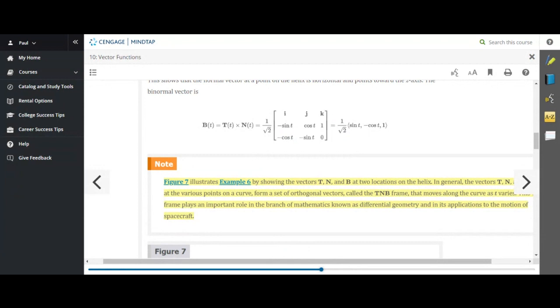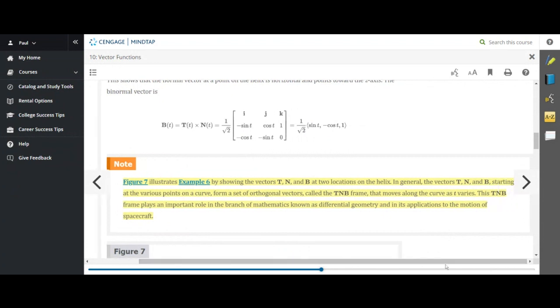One moment. Try to make sure you can see it all. I do the best I can.